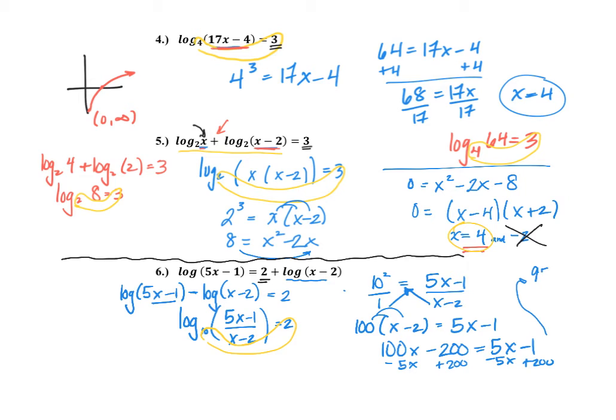So I have a 95x is equal to negative 1 plus 100, positive 199. And so to finish that problem up, I'm going to get my x by itself, and I'm going to do that by dividing both sides by 95. So that's going to leave me with my final answer of 199 divided by 95.